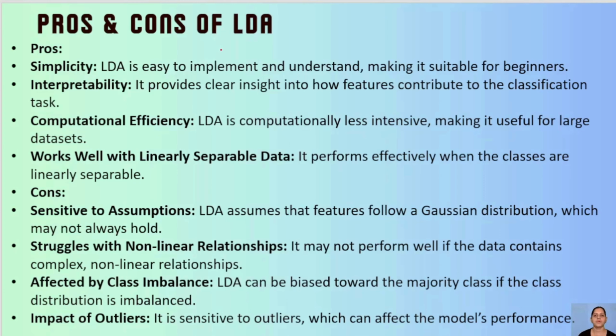If you have imbalanced classes, it is not going to perform well. You should have an equal distribution of classes. If you have four output classes, then all classes should be equally distributed. Then if you have outliers in your data set, it is not going to perform well in that case.